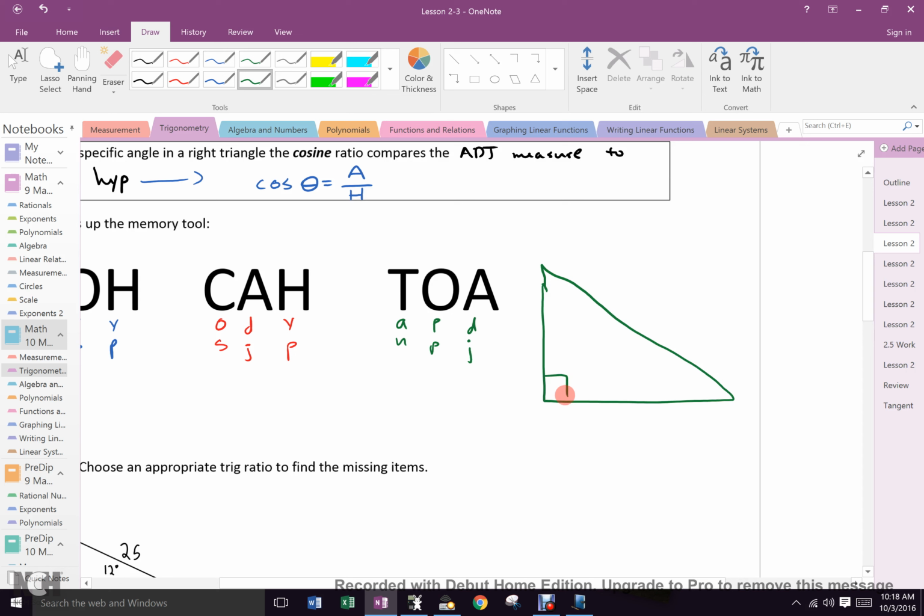Now, label this triangle A, B, C. Cool? Now, label the sides with the appropriate small letter. So what would this side be?